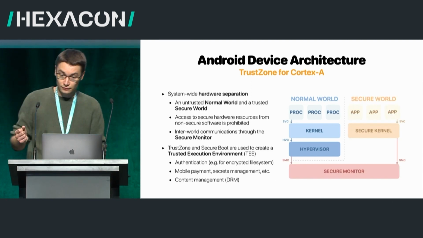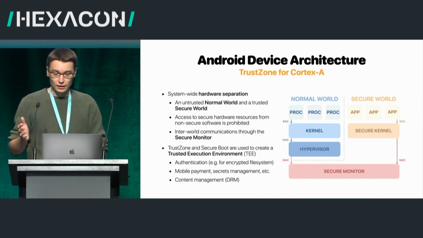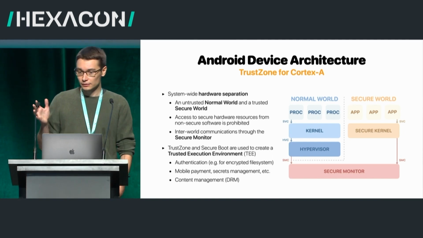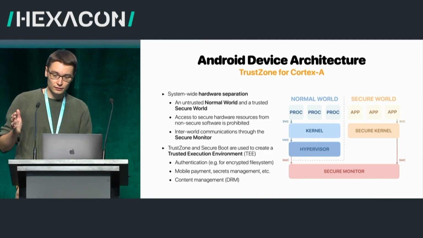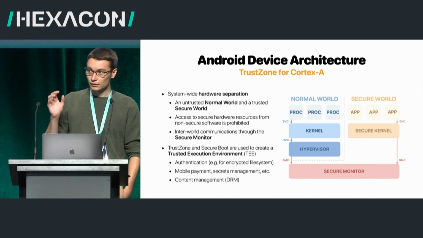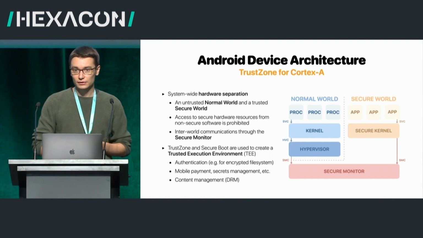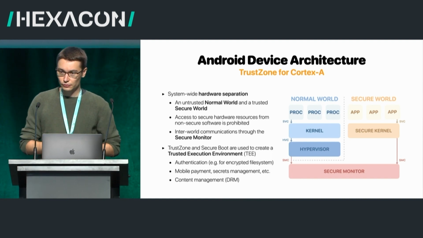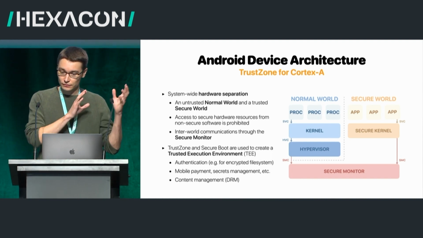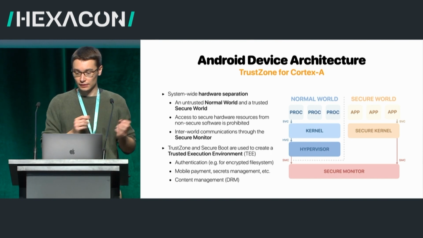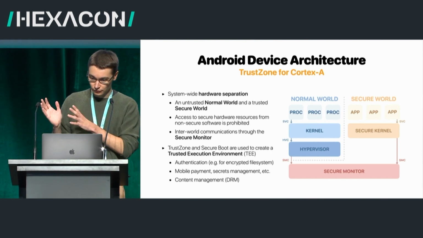Another security feature is the ARM trust zone, and that one consists of a system-wide and hardware enforced separation. So all your software is partitioned into either the untrusted normal world or the trusted secure world. The non-secure software is prohibited from accessing the secure resources.